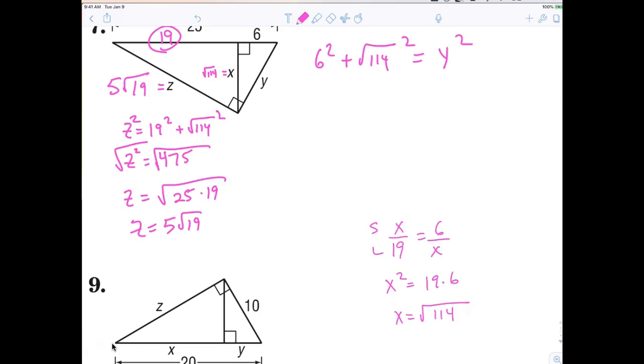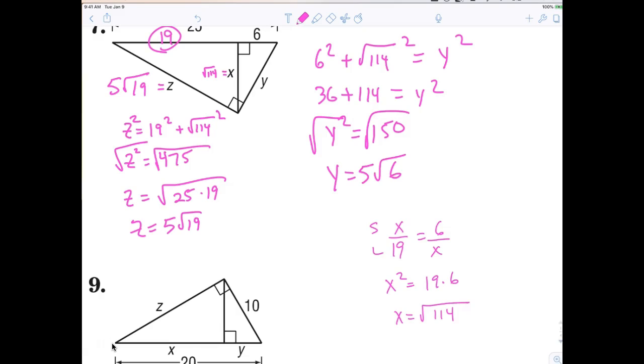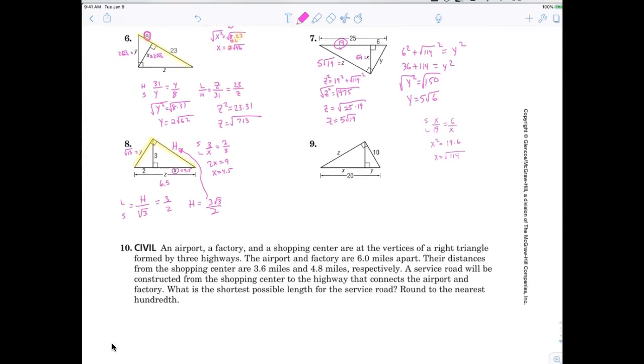So now I have 36 plus 114 is equal to y squared. So y squared is equal to 150. So it would be 5 radical 6. All right, is everybody in agreement with that? Again, everything is proportional.